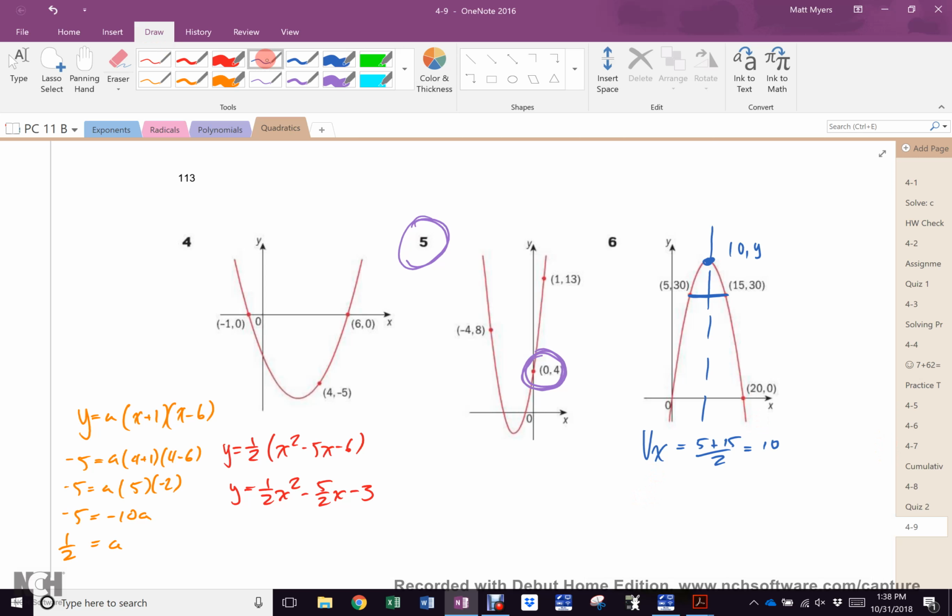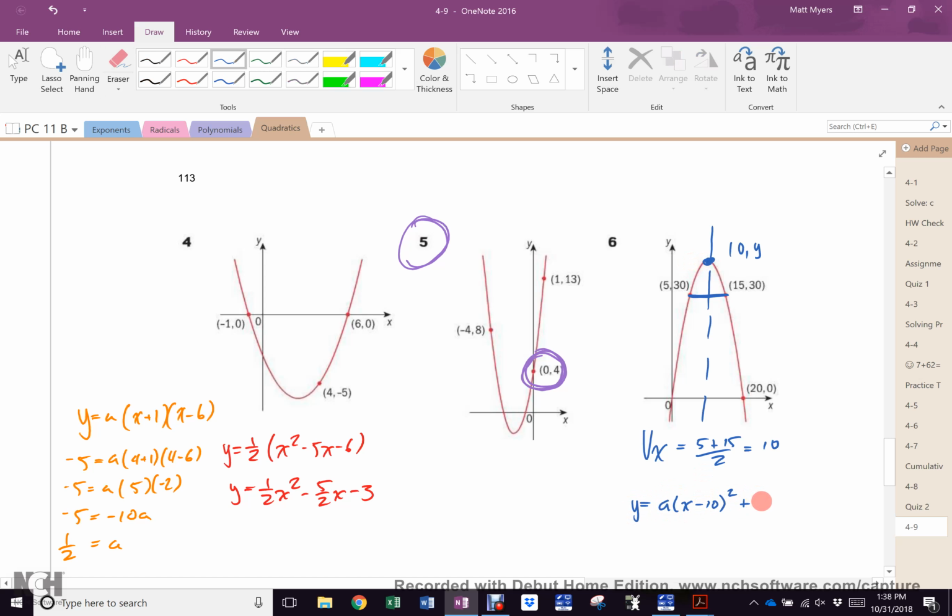I'll help you out. We have the x of the vertex, don't we? So could we not use vertex form? Vertex form would be y equals a(x minus 10) squared plus what?